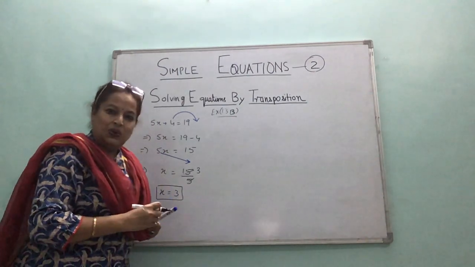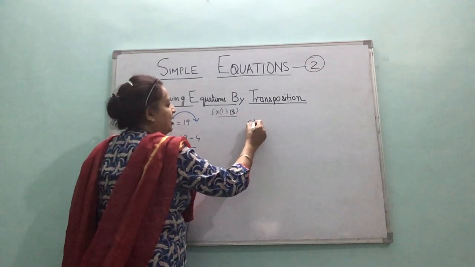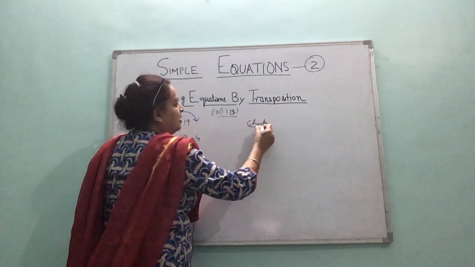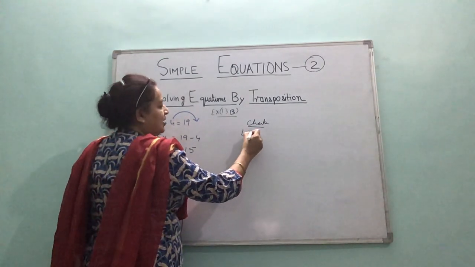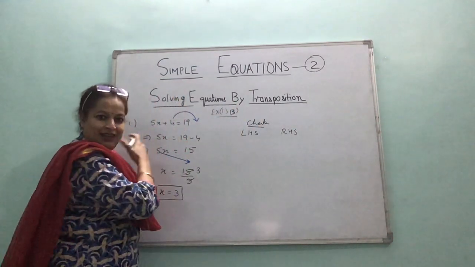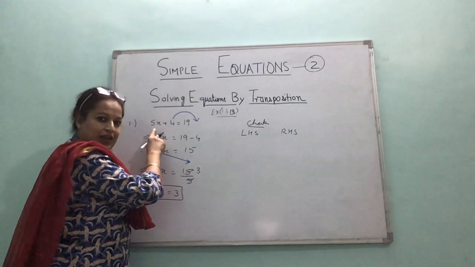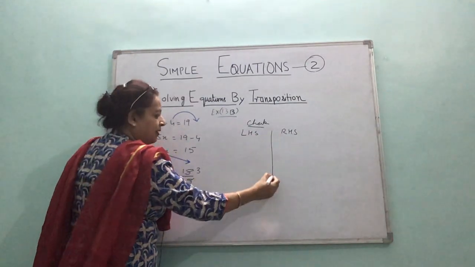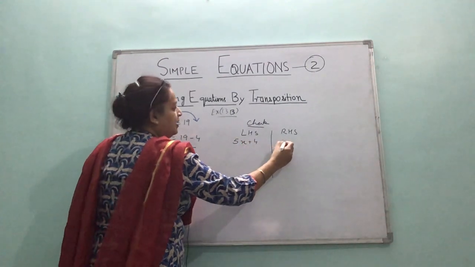Now I will tell you how to verify or check your answer. So for that I will write it as check. We are seeing whether the work is correct or not. And write LHS, RHS. LHS stands for left hand side, RHS stands for right hand side. LHS is 5x plus 4. I draw a line. So 5x plus 4, and RHS is 19.